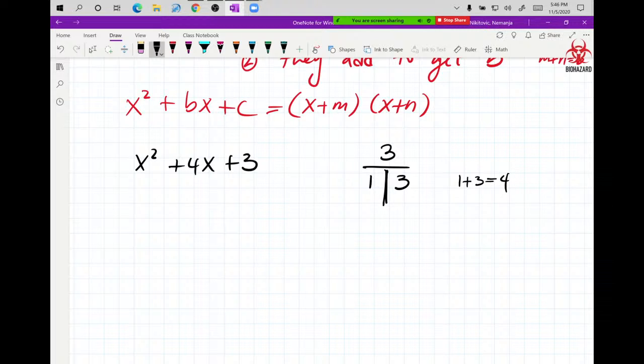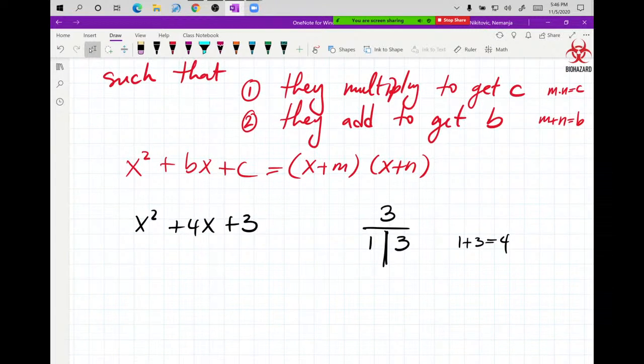So both of the conditions are satisfied. 1 times 3 is 3, and 3 is your c, right? And 1 plus 3 is 4, which is b. So we immediately found two numbers that work. So this factors into x plus 1, x plus 3. And you can verify that by multiplication.